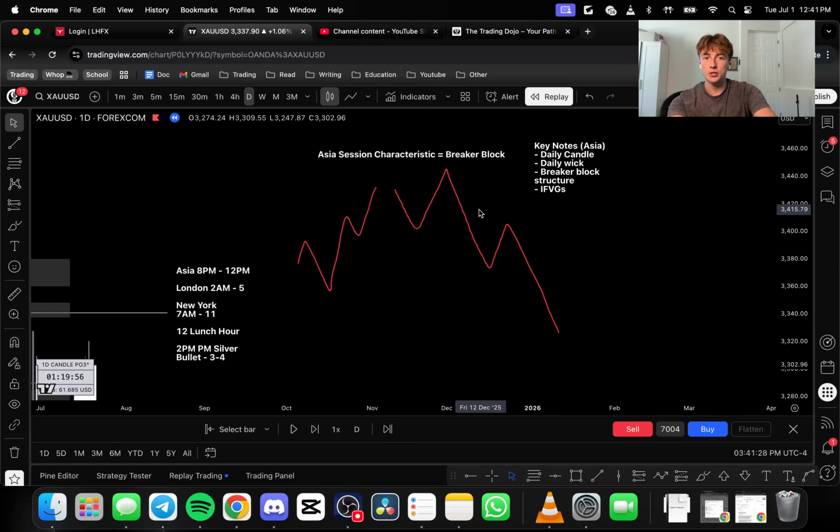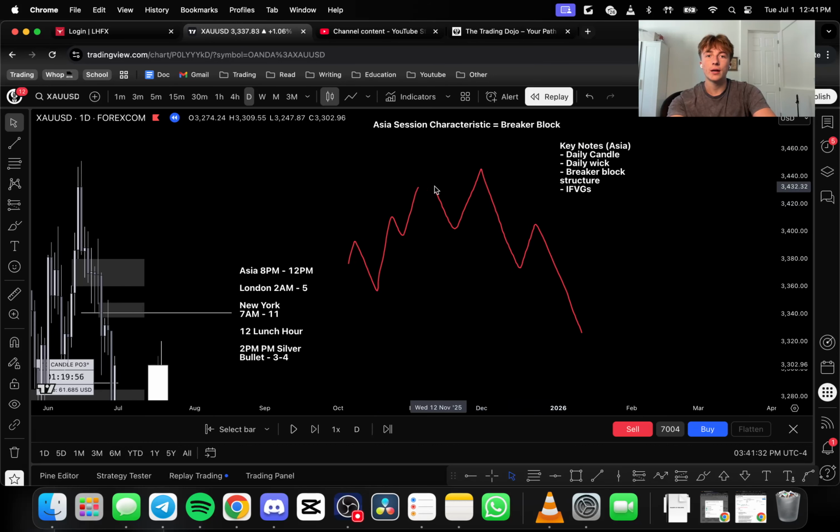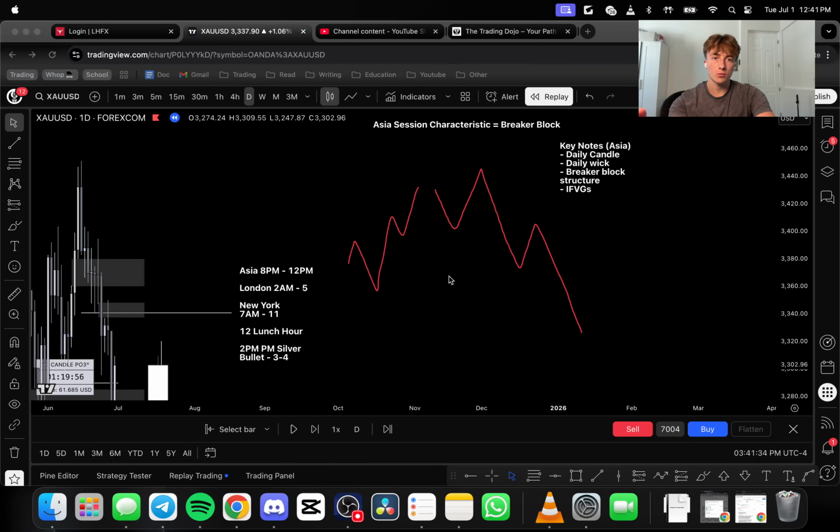So that's Asia session characteristic, where we typically get the open of the new daily candle, and the daily candle begins running on some sort of expansion. It's moving towards the target, it's creating a wick, it's manipulating in the opposite direction.